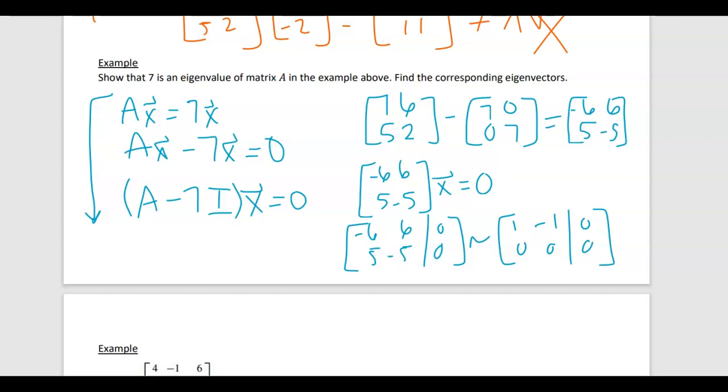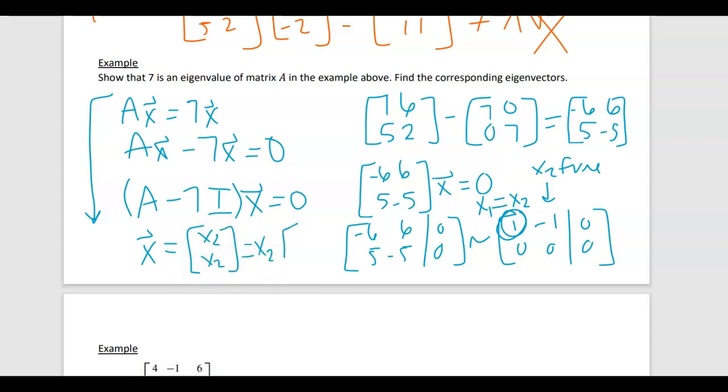All right, so then if I let x2 be free, then I know that x1 must be equal to x2. And so my x vector, where this is the case, must be x2, x2, or x2 times 1, 1.